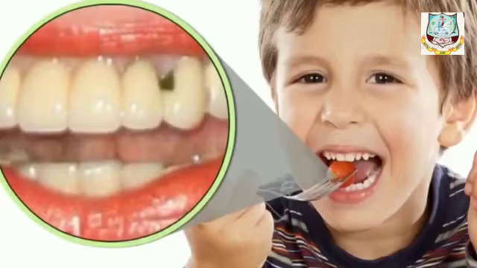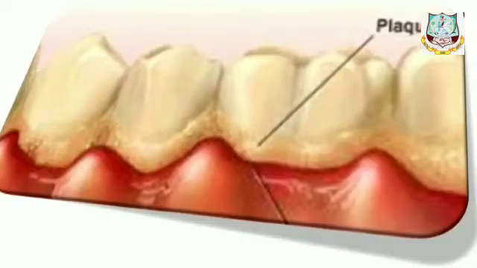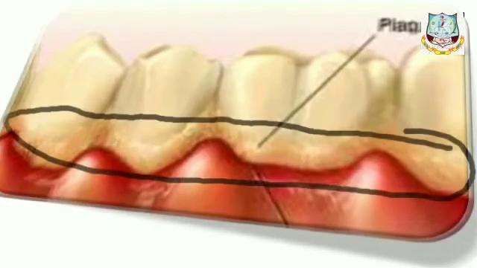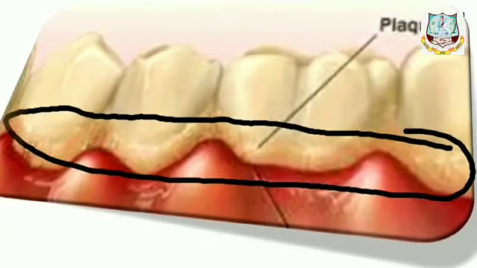So, we need to clean them out. Otherwise, germs can grow there and form a sticky yellow layer called plaque. So, what is plaque? A sticky yellow layer of germs that forms on the teeth is called plaque. How can we prevent it?